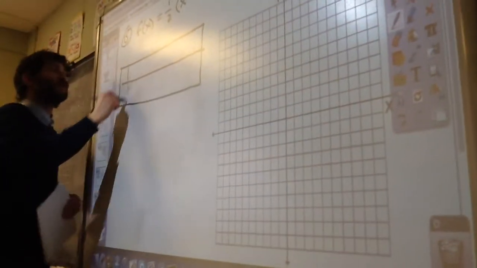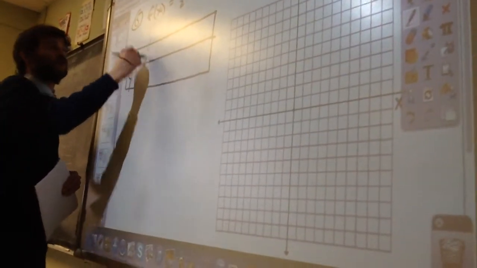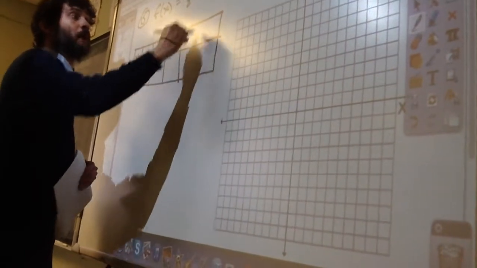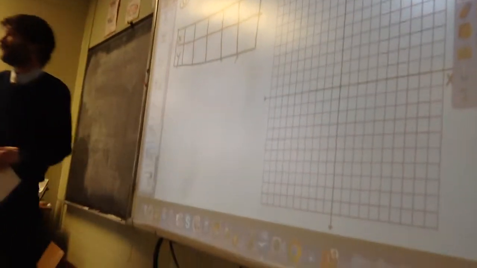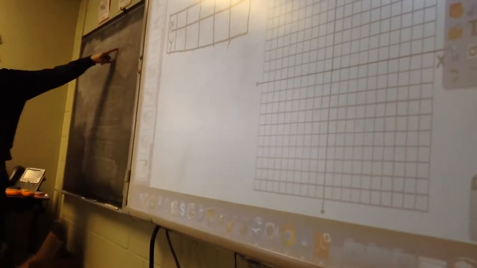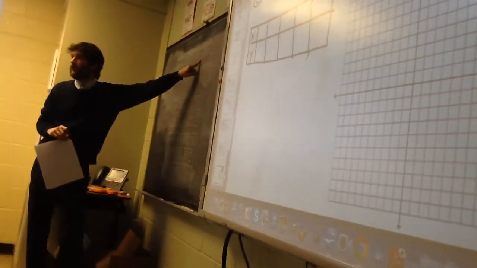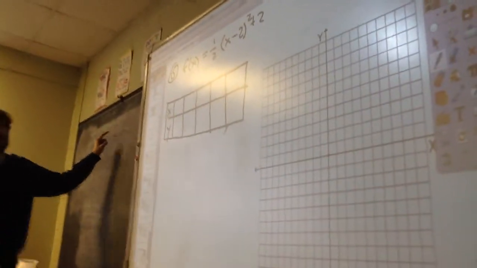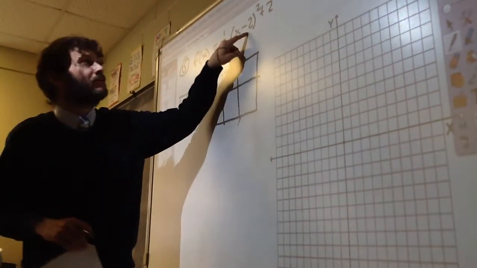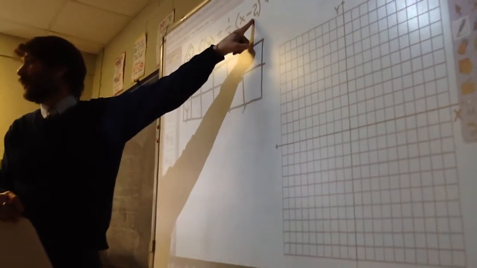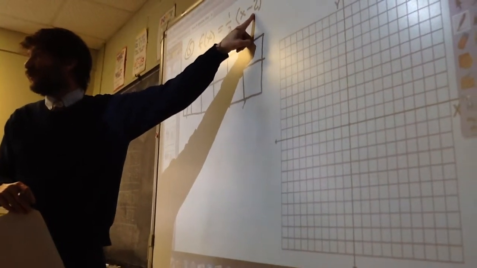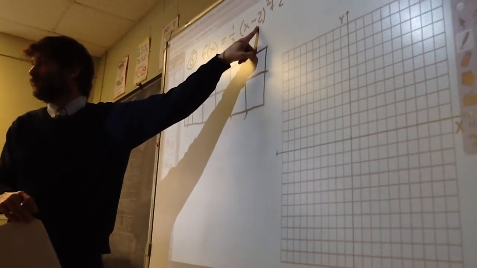So the one tricky thing about vertex form, if there's anything about these that will throw you off, it will be this. So don't let it. I'm warning you. You know what to look out for. Remember, it's got a minus in the formula in front of the h. That minus just makes things weird. It means when I pull out the h value, it's the opposite of what it looks like it is. So it looks like h is negative 2.